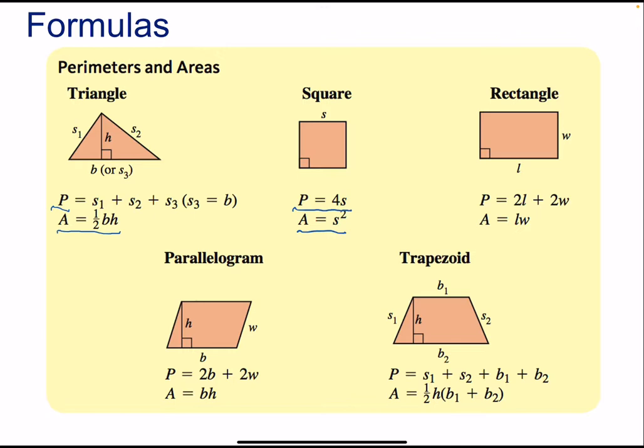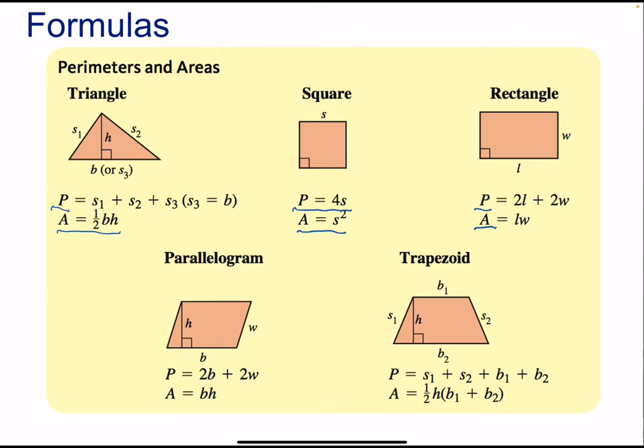So suppose the length and width of the rectangle are L and W respectively, then the perimeter equals 2L plus 2W because opposite sides are equal, and area equals L times W, length times width.